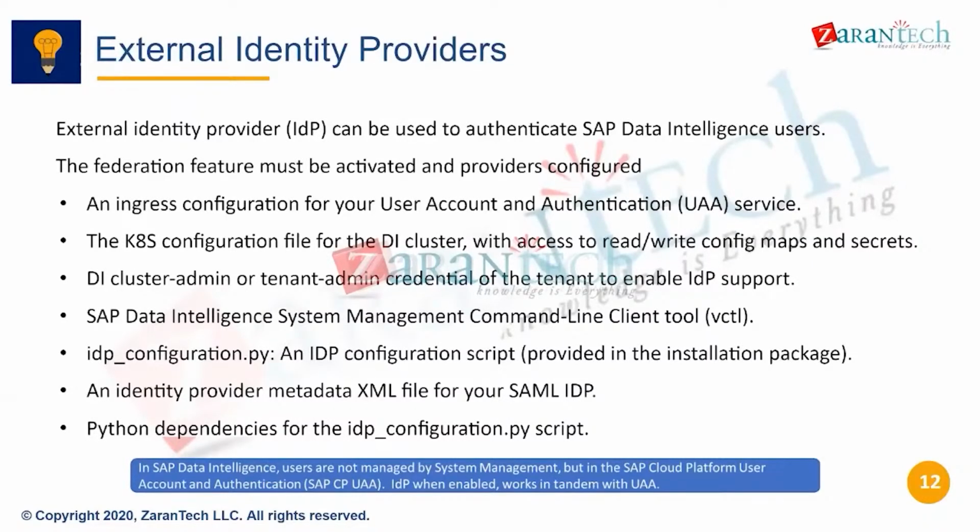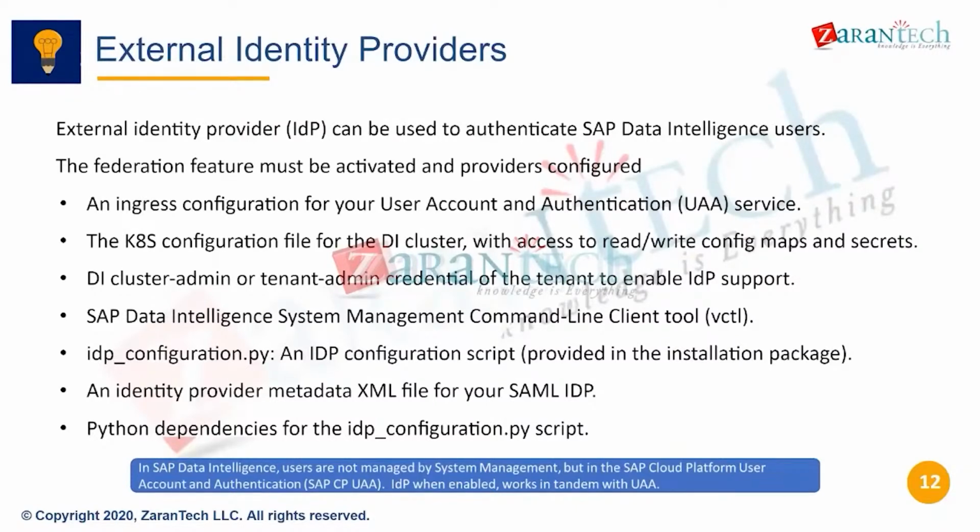Along with these two, if you go for the SAP DI cloud version, these identity mechanisms are automatically handled by SAP Cloud Identity Management. Whereas for on-premise, we don't have cloud identity management because it's not a cloud solution. Now, what are all the different usernames and passwords that we have provided here? One is for our ingress configuration.